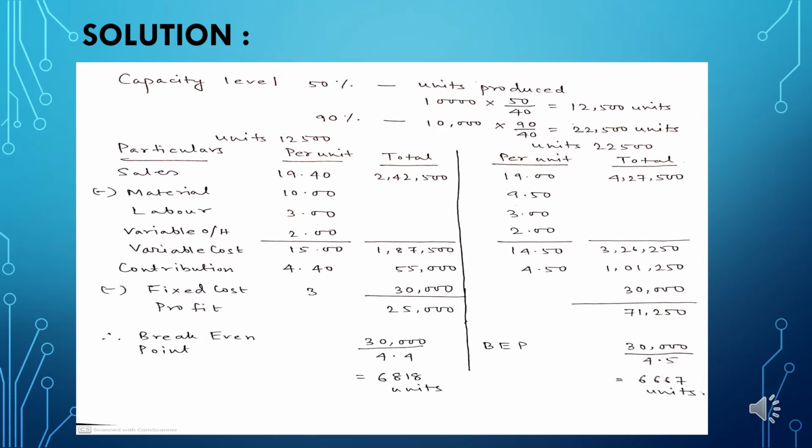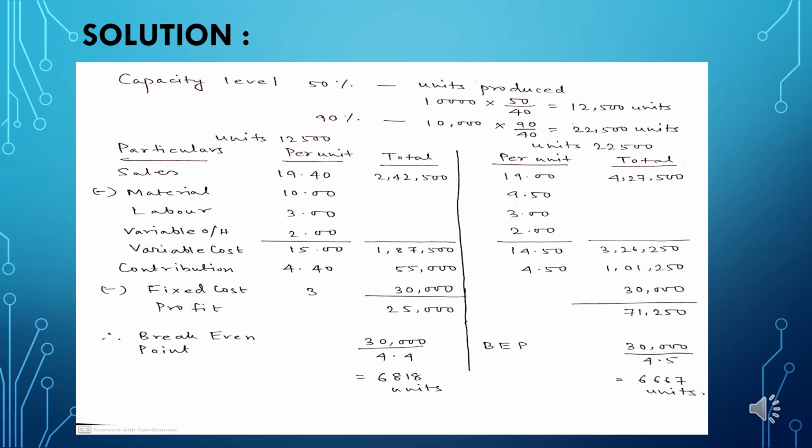The remaining amount, rupees 2 per unit, goes into the variable overhead. Adding material, labor and variable overhead, we get the total variable cost per unit to be 15, and multiplying it with the total number of units of 12,500, we get the figure to be 1,87,500.